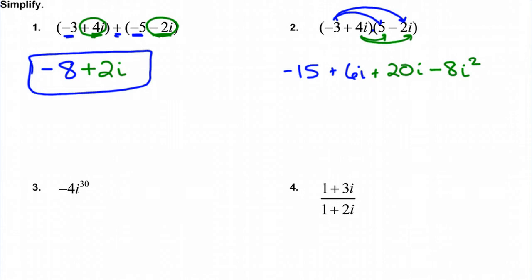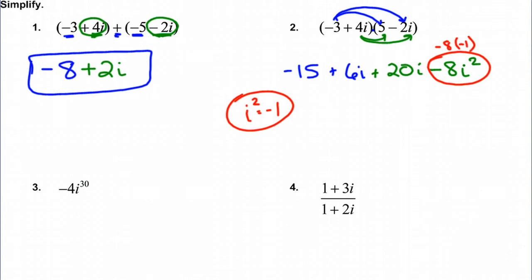An i squared, if you'll remember, is equal to -1, and we will talk a little bit more about this when we get to the next problem, but that's going to have an effect on this term, because it becomes -8 times -1.